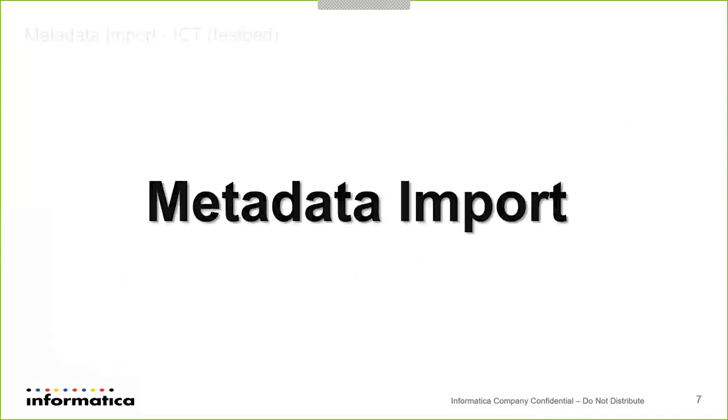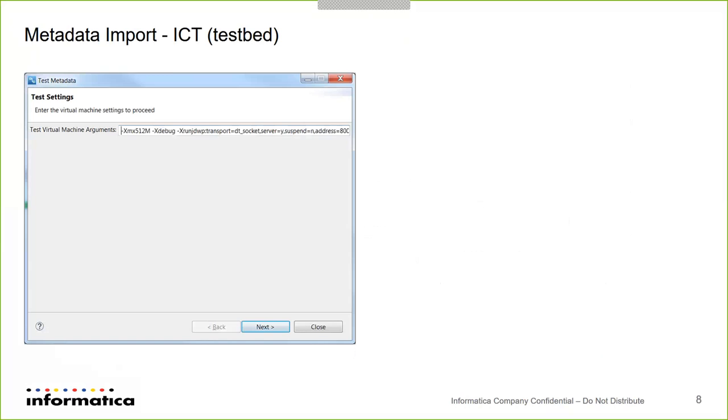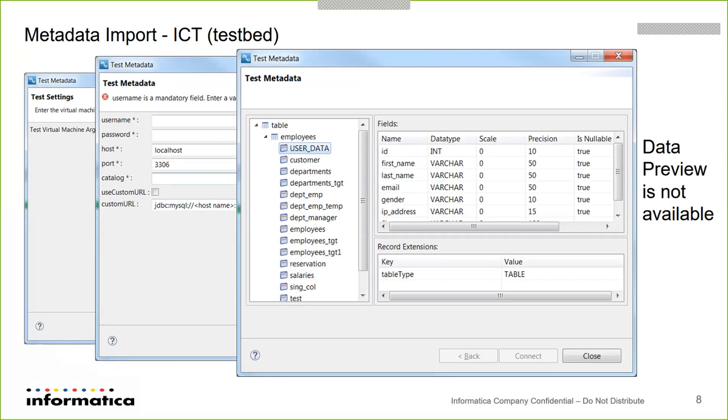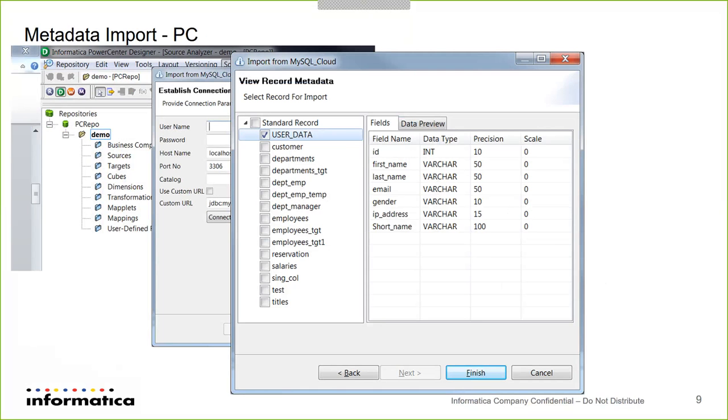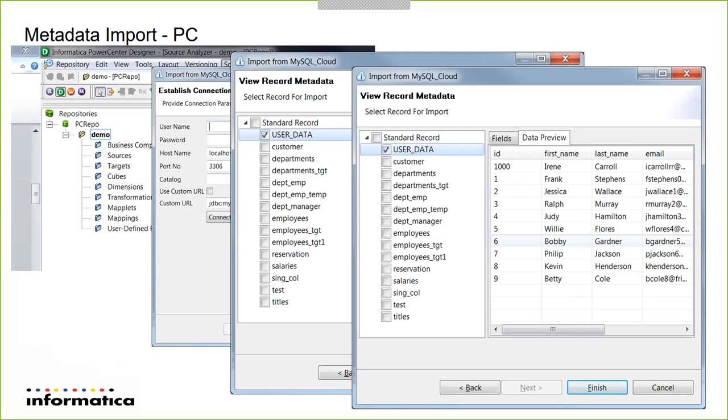On the metadata front, this is how you browse your metadata and the details in ICT. On PC, while importing, you will see a similar kind of metadata, but the advantage here is that you can do a data preview while importing metadata to validate a subset of records.